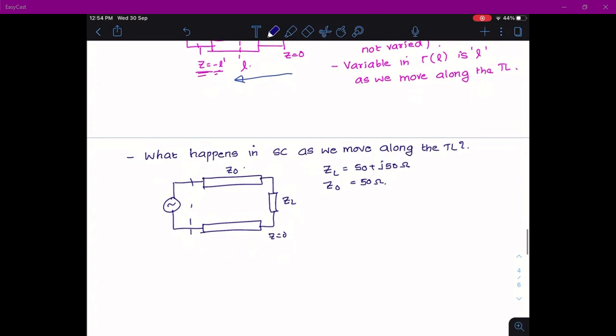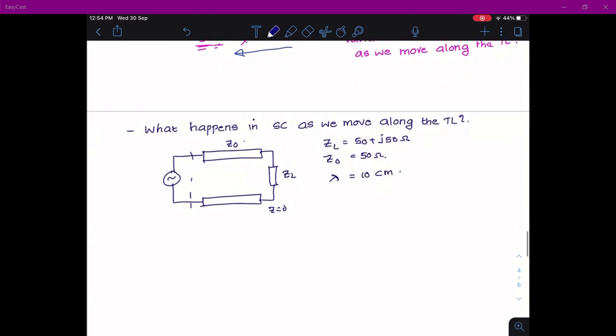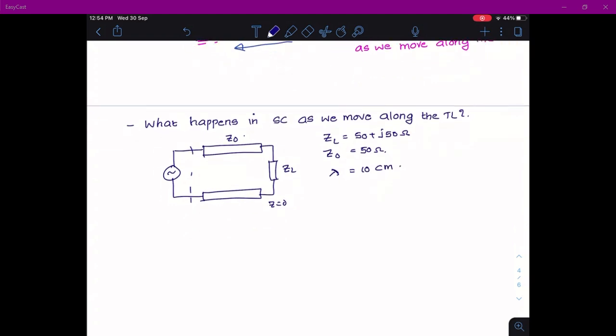Let's also assume the wavelength is 10 centimeter for the sake of explanation. Now at point A, let's say the distance from the load is 2.5 centimeter.